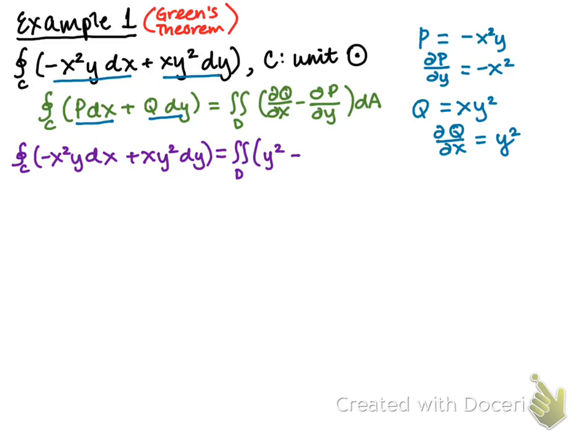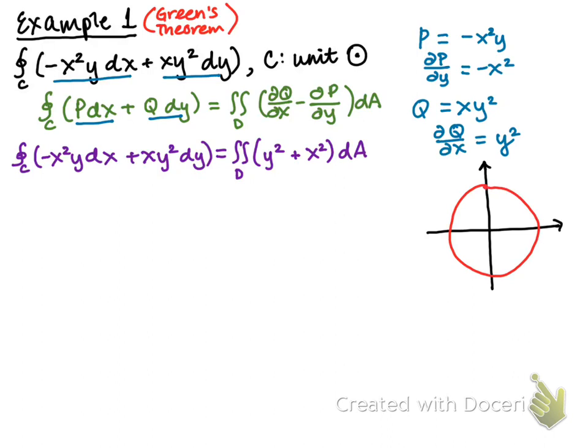So that's going to be a minus negative x squared, which is going to become a plus x squared. You see now that this is going to be a much simpler integration. Our region is a circle, so now it's going to be very straightforward to turn this into a polar integral. Okay, so here's C with positive orientation.